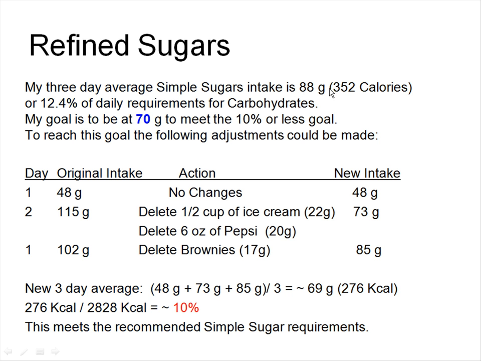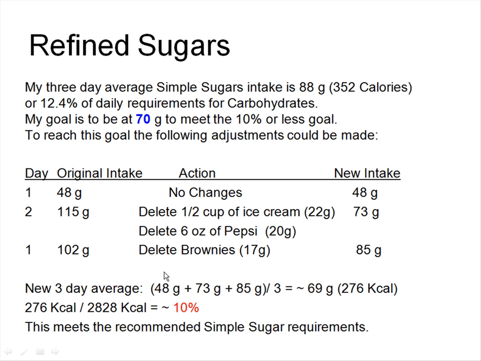So I need to reduce from 88 grams down to 70 grams to meet my goal. Now, the format I'd like you to put it into is a table where you have the days, and I apologize, this should be day 3, but you have day 1, day 2, day 3, and you have your original intakes, which I showed you, and then your new intakes, but in between you're going to show me what adjustments you made in order to meet those goals.